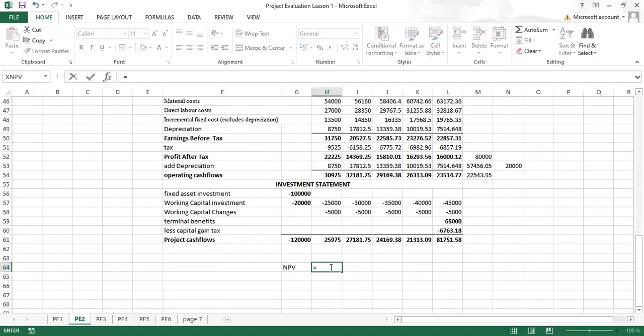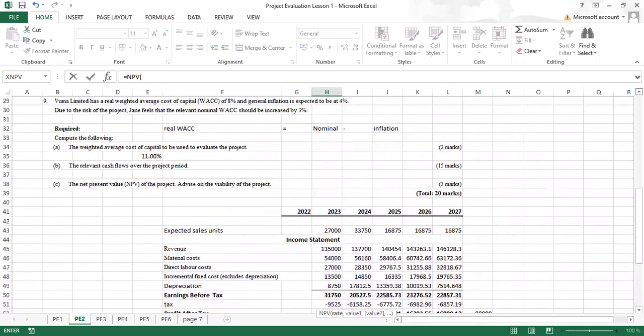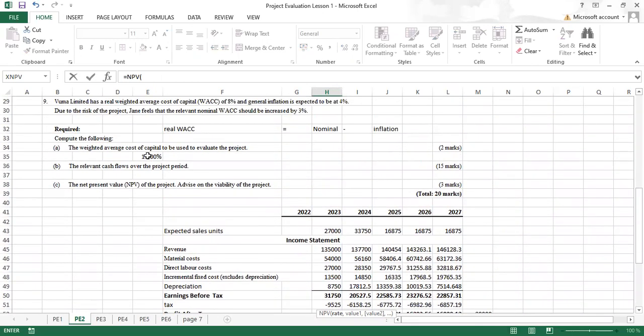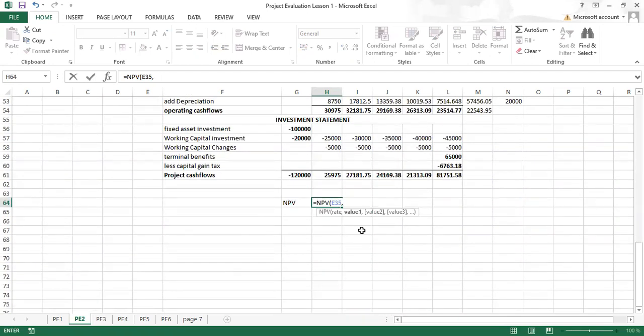equals NPV, press tab to open the parentheses, and you are told what we'll be using, it's the 11% that we established, the nominal. This 11%. Okay, that's the rate, comma, Control Backspace to jump to the active cell, the values. So the values here, as NPV, I said we don't add the first cash outflow.